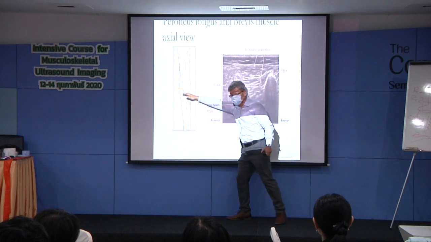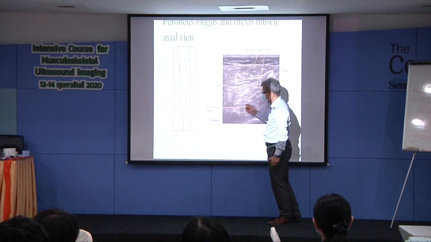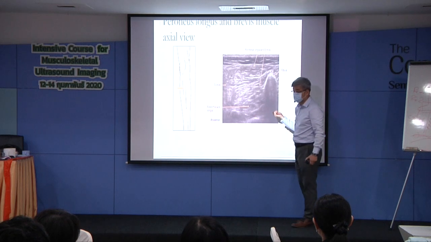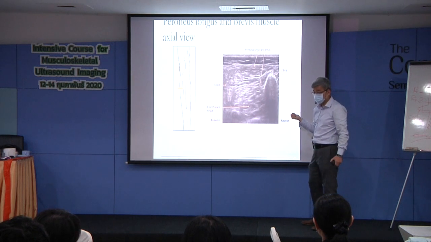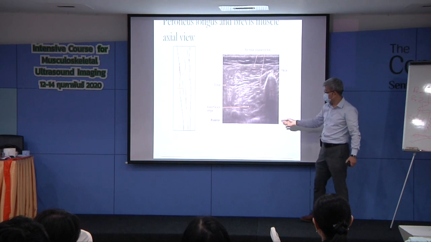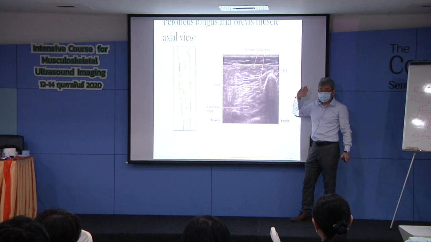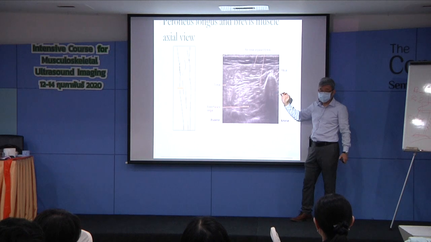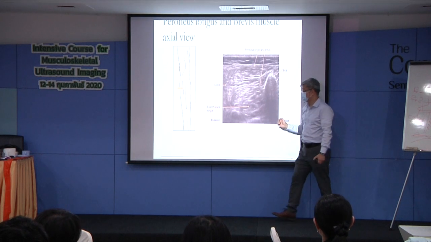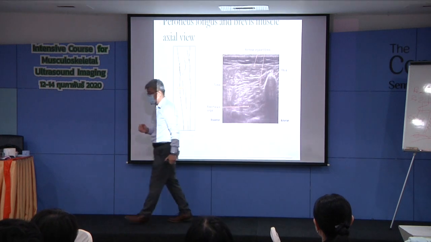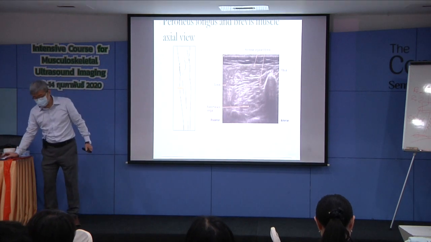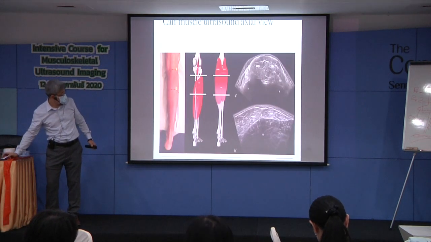You can find the tendon of peroneal brevis appear and take the place of peroneal longus. That's the level we are going to practice later. But I'm going to finish my presentation before you practice.